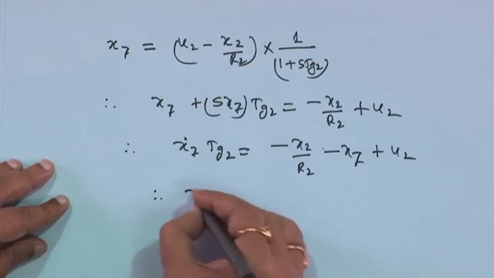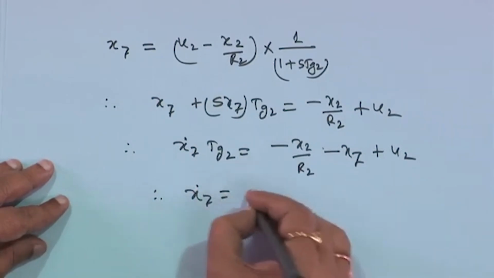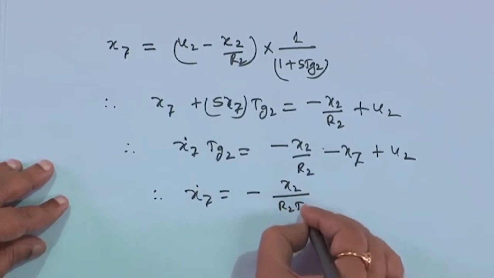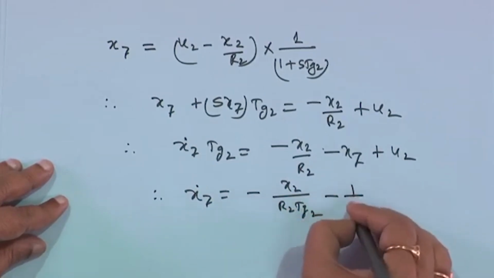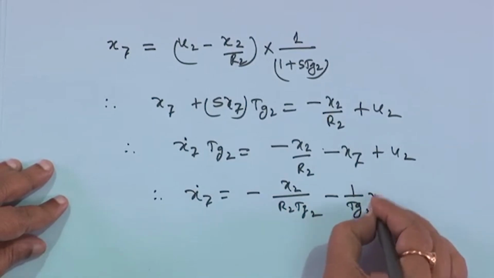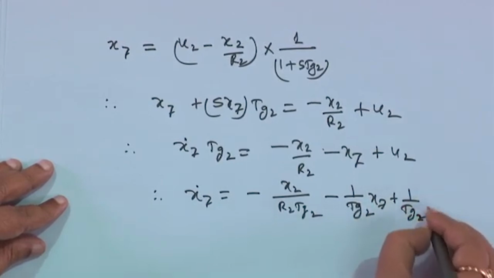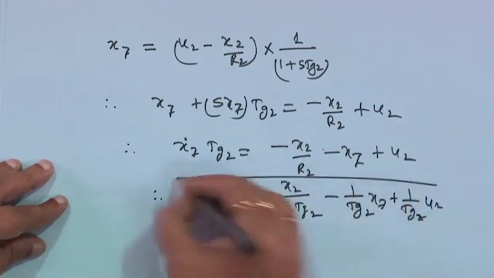Or x7 dot = −x2/(r2·Tg2) − (1/Tg2)·x7 + (1/Tg2)·u2. This is your x7 dot.